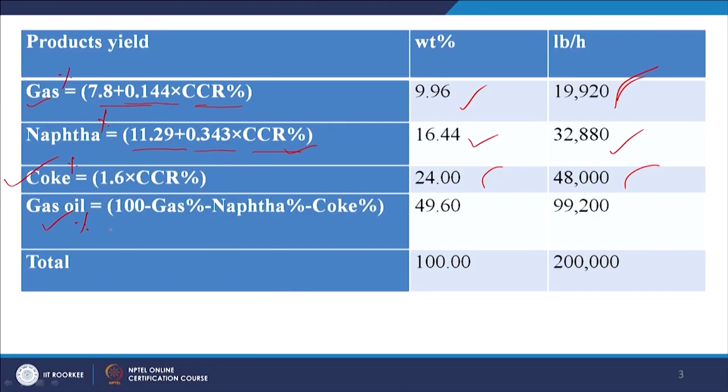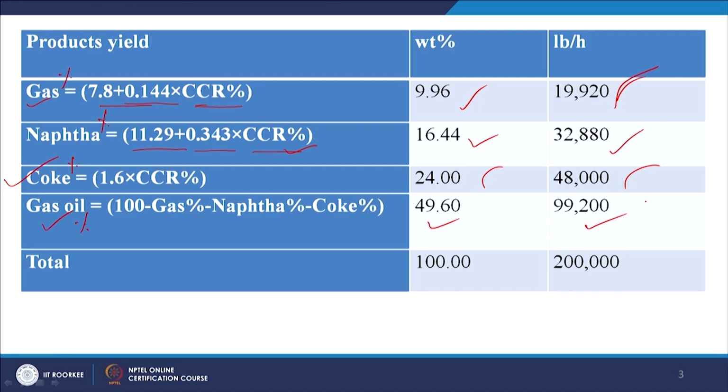So, 100 percent minus gas percentage minus naphtha percentage minus coke percentage. So, we will be getting 100 minus 9.96 minus 16.44 minus 24, that is equal to 49.60, and that is equivalent to 99,200 pound per hour.